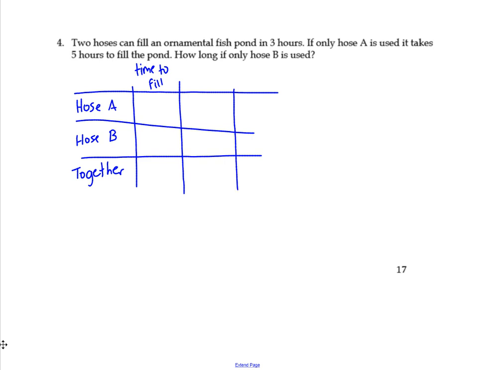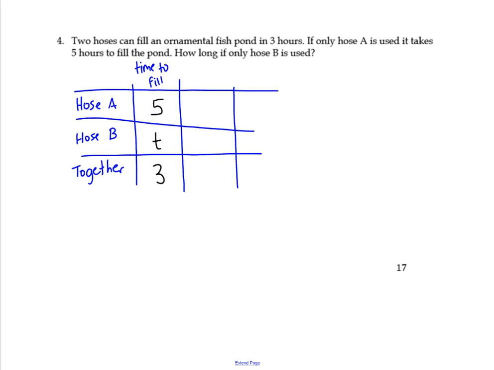Okay, well, let's fill it in. Let's fill in the first column first. Hose A. How many hours does it take for hose A by itself? 5. Do we know hose B? No. So let's call that t hours. Together, 3. Time to fill, it said.